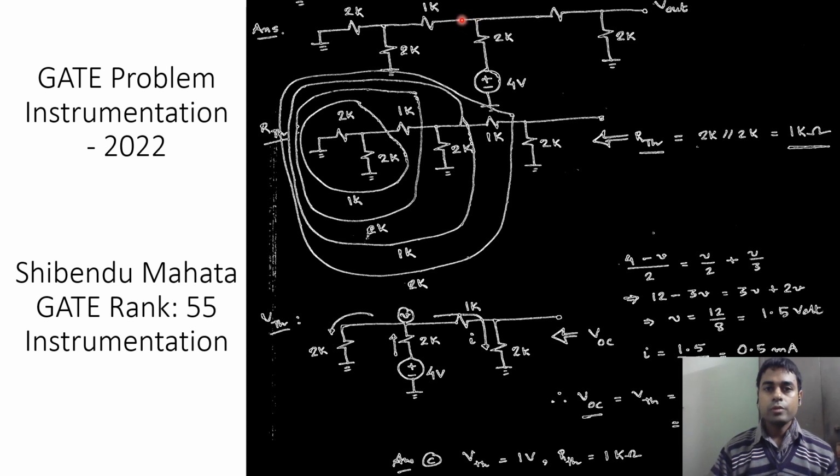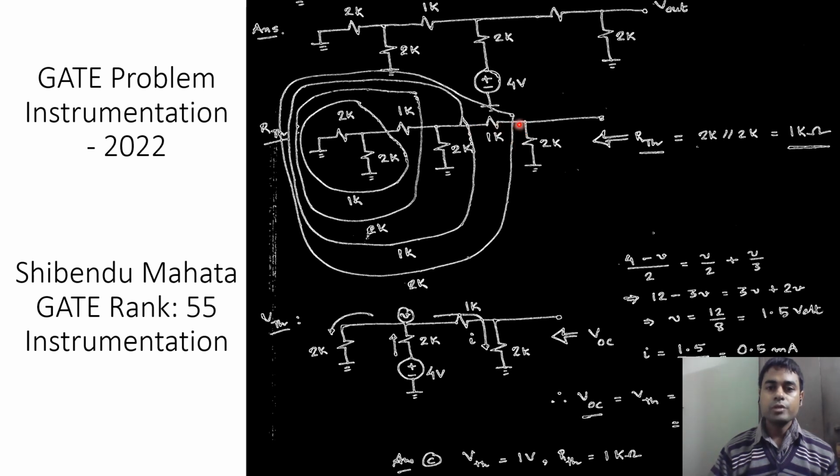Then you have 2 kilo ohm. Looking from this node towards the left hand side, I find 2 kilo ohms, and that 2 kilo ohms and this 2 kilo ohm become a parallel network, and this equivalent resistance becomes 1 kilo ohm. So looking from this part of the network, this forms the equivalent 1 kilo ohm, and then I have a 1 kilo ohm in series with another 1 kilo ohm, so that becomes 2 kilo ohms.